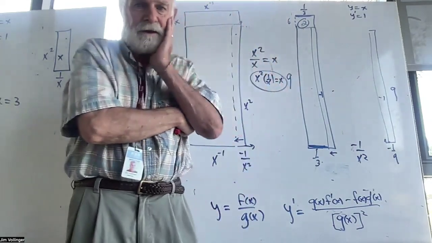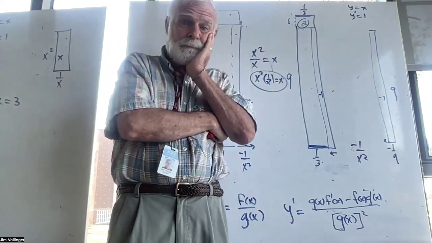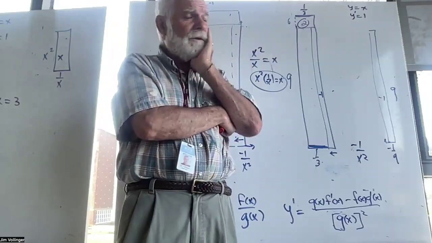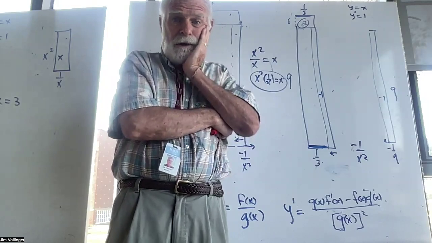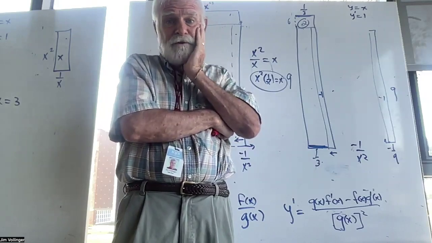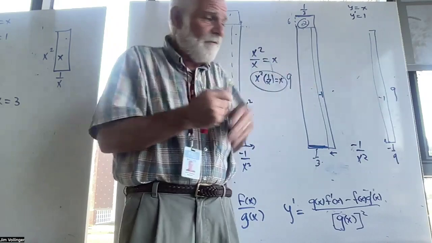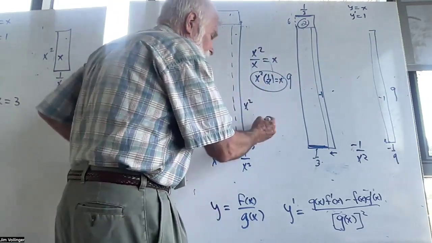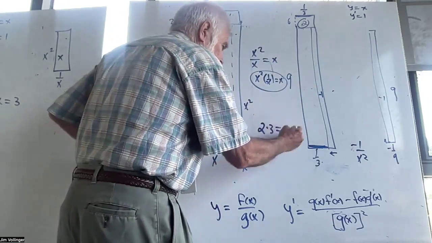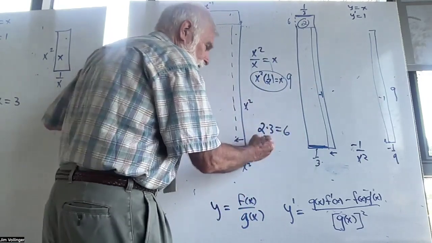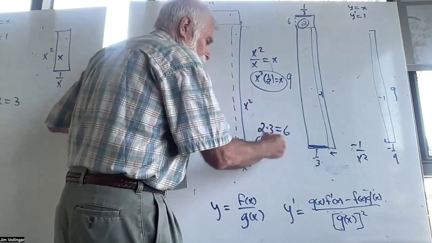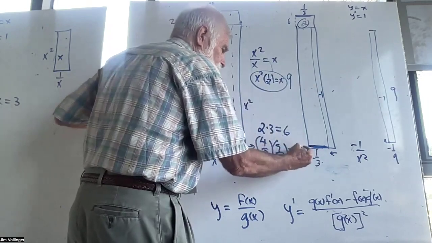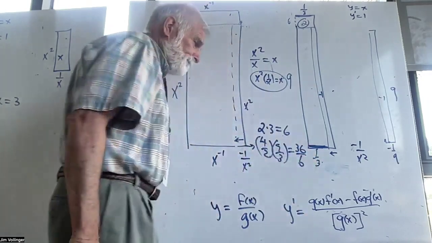I'm a firm believer that you have to see numbers work or you don't understand the rules. And with COVID now, a lot of students are coming in without understanding rules for fractions. So for instance, if a student doesn't know how to multiply a couple of fractions, you've got to start with something you know. 2 times 3 is 6. 2 could have been written as 4 over 2, 3 as 9 over 3, and hopefully the rule can be seen to work.